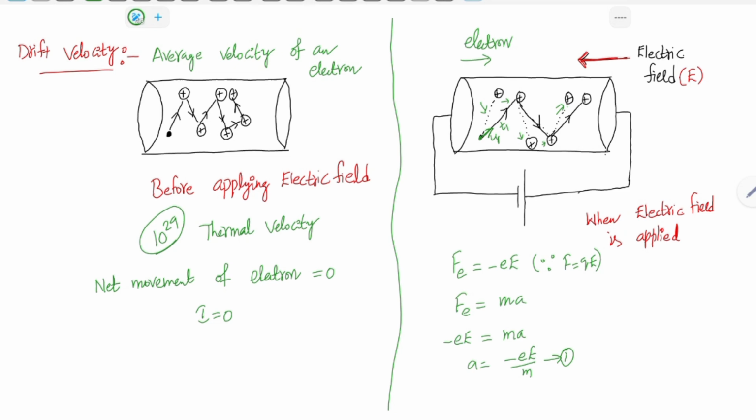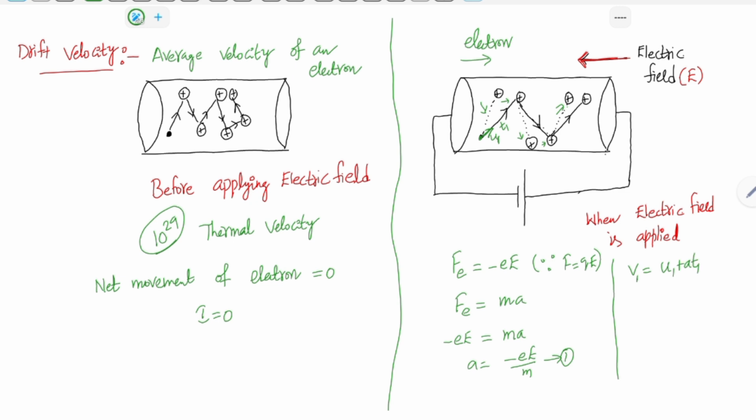Therefore, between any two collisions, if you consider the velocity before the second collision as the final velocity, and the velocity after the first collision as the initial velocity, you will have v1 is equal to u1 plus a into t1.